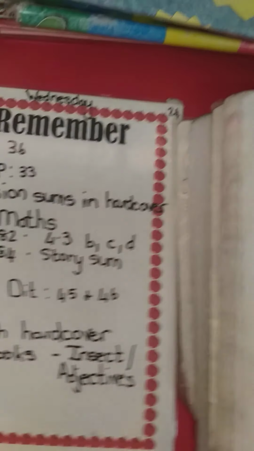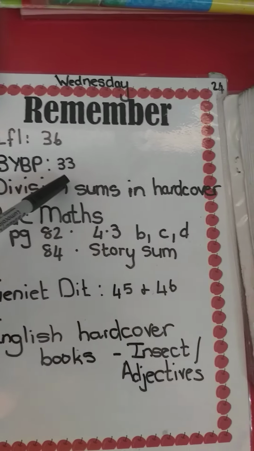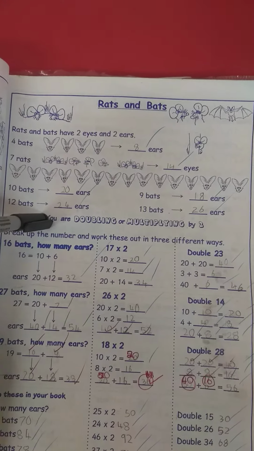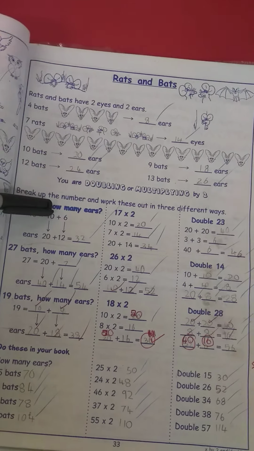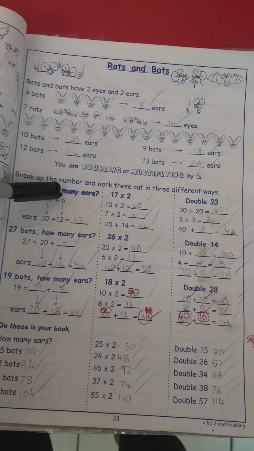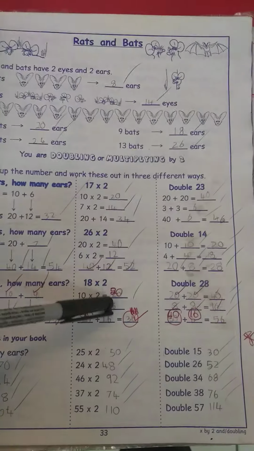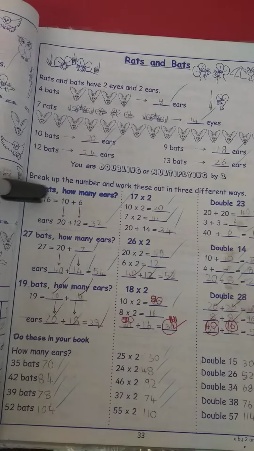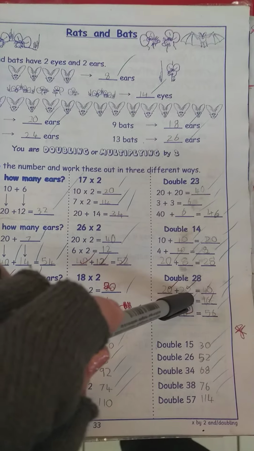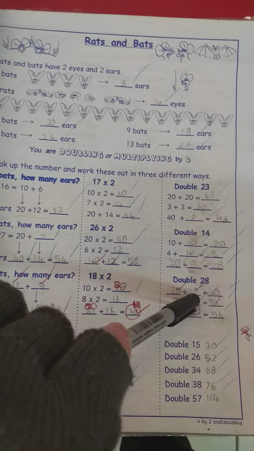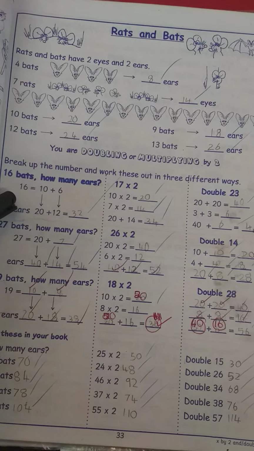Build Your Brain Power, we're doing page 33. This is all multiplication, and it's times by 2. This is pretty easy stuff. In the middle section, there are 3 columns, and each one of these columns is a different method, a different way in which we can times bigger numbers by 2.